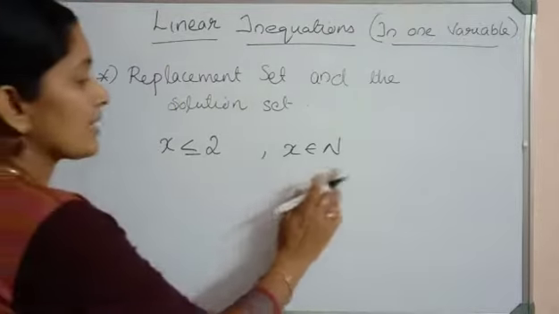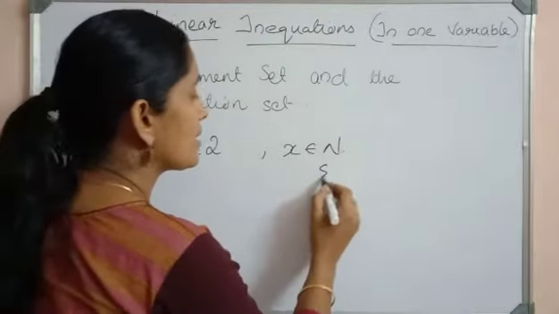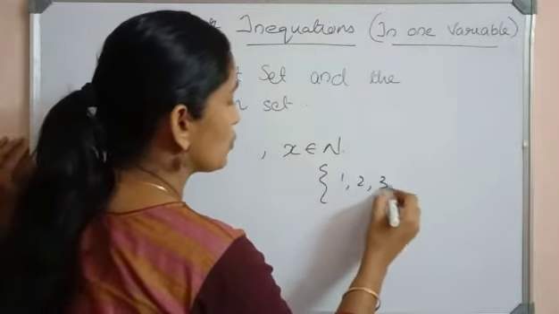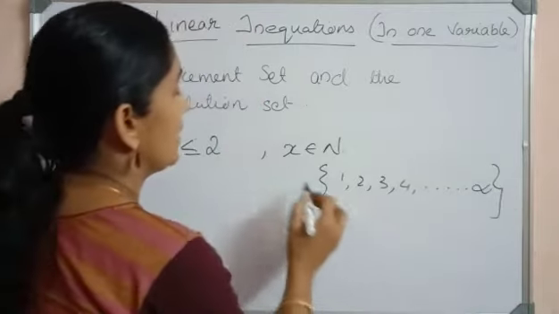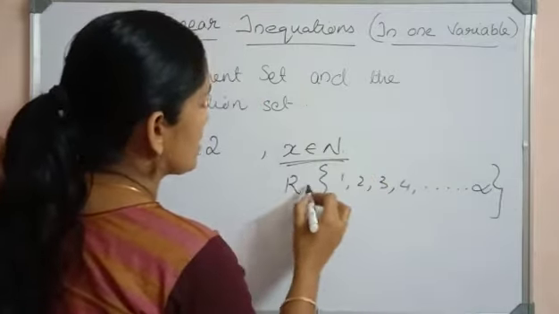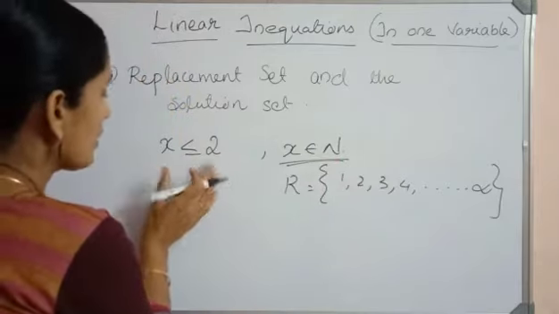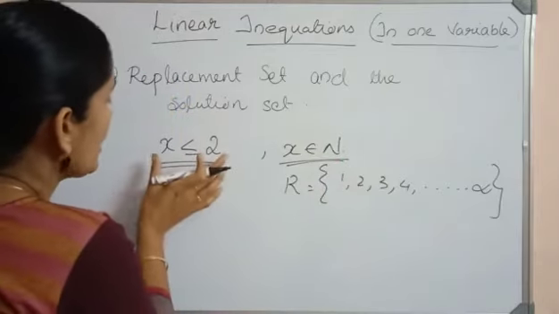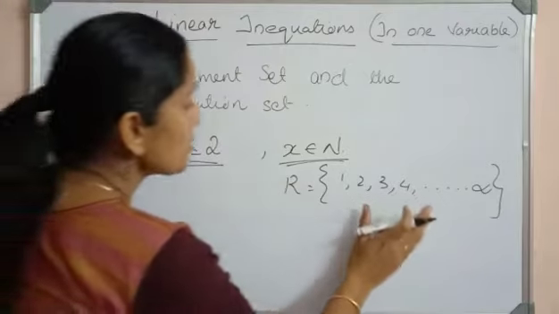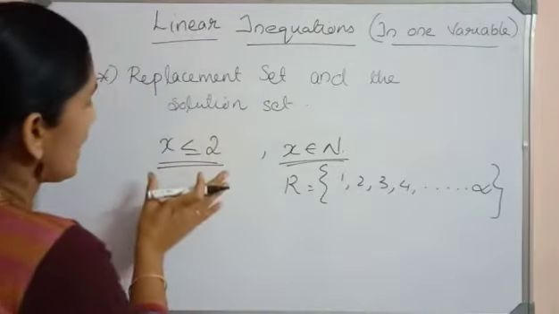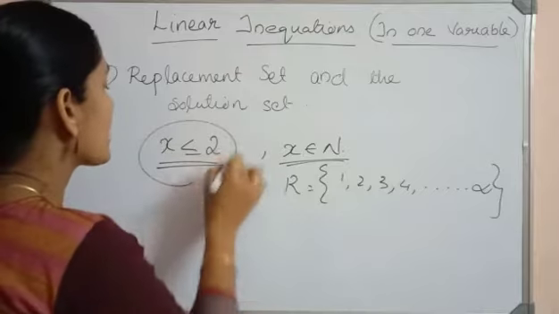If you consider the set of natural numbers, we know that it is the set 1, 2, 3, 4, etc. It goes up to infinity, and this is the replacement set. Now, when you are considering this inequation, the condition given is that x is less than or equal to 2. From this particular set, we need to select those values which satisfy this condition.